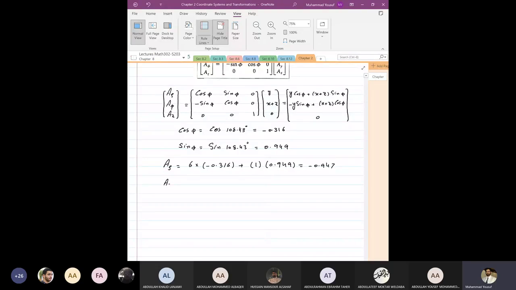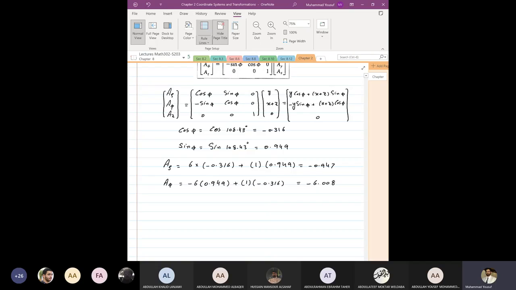Then the next thing is A phi. A phi means negative 6 multiply sine phi 0.949 plus x plus z is 1 and then multiply cosine phi, that is negative 0.316. So this will be minus 6.008.